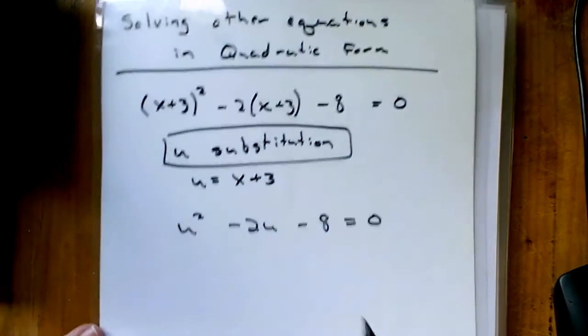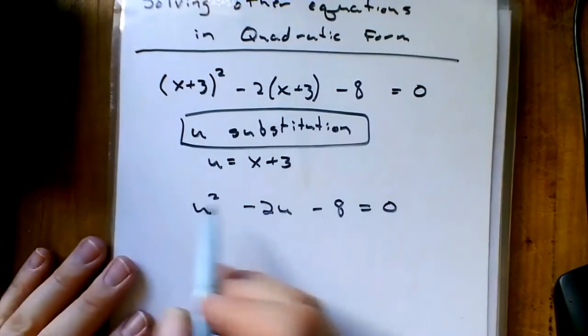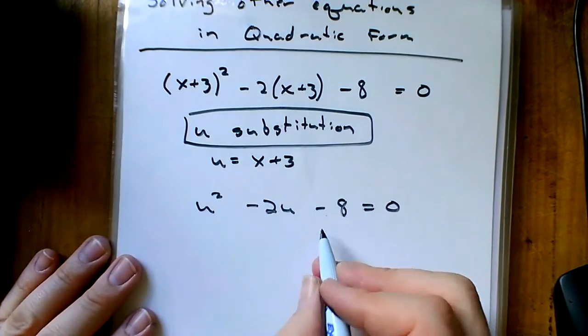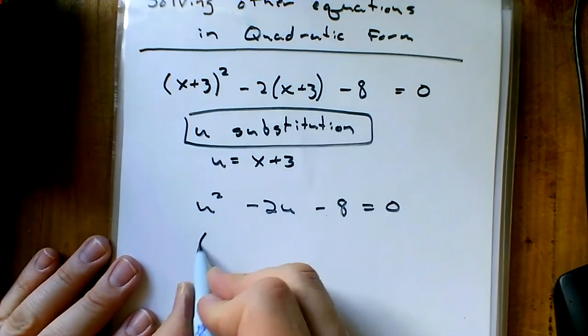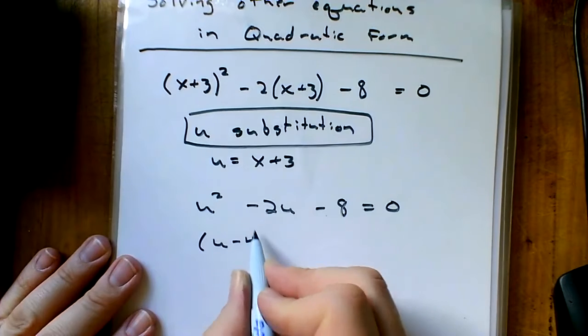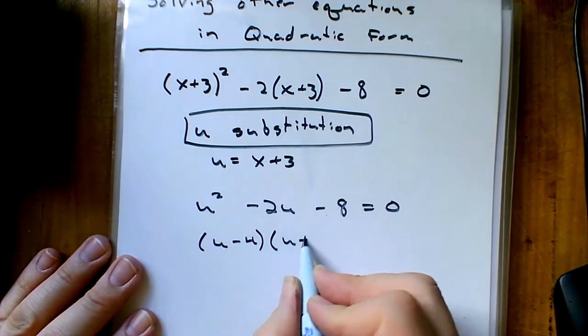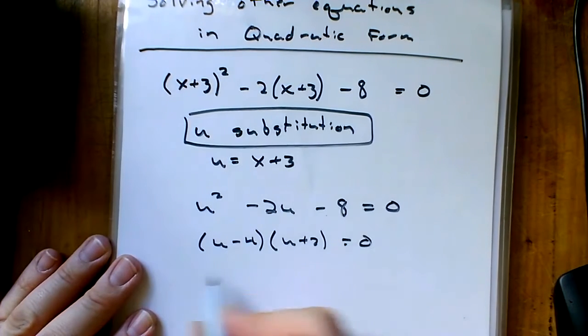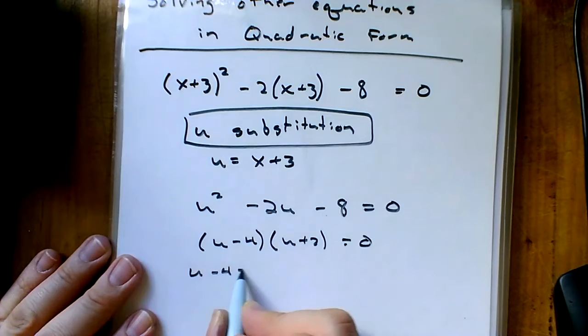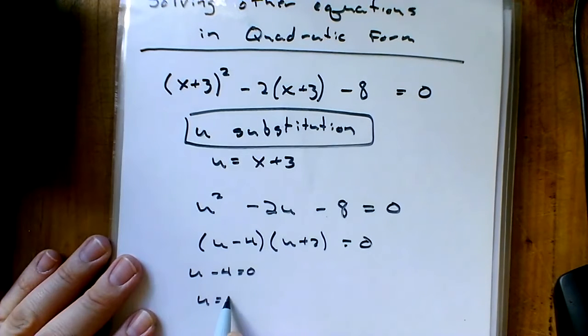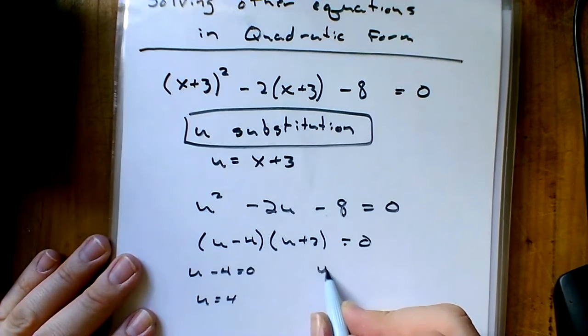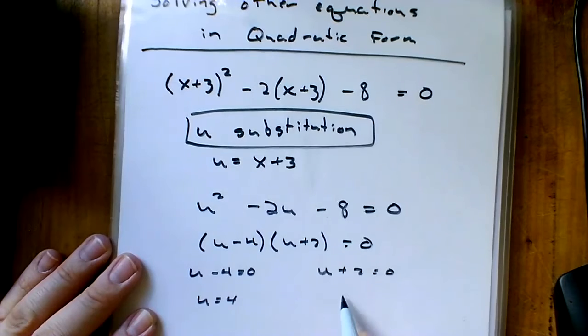So what we're going to do is we do this u substitution. We're going to solve this. And this one is relatively easy to factor. This is going to be (u - 4)(u + 2) equals 0. So I'll end up with u minus 4 equals 0 gives me u equals 4, or u plus 2 equals 0 gives us a solution of u equals negative 2.